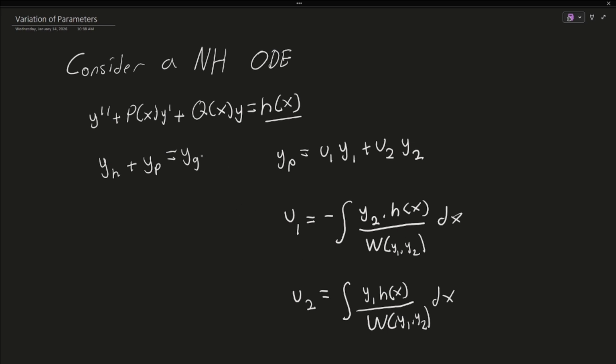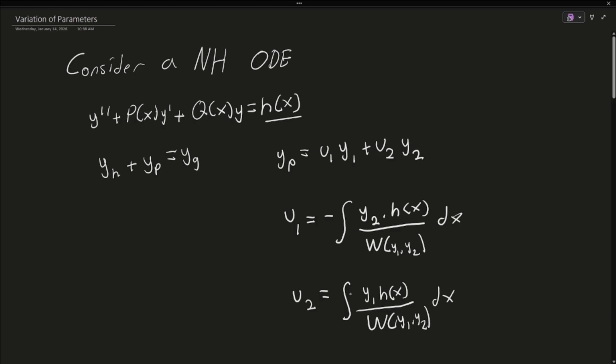Our particular solution will be u1 y1 plus u2 y2, where u1 and u2 are different functions. u1 is the negative integral of y2 times h of x divided by the Wronskian of y1 and y2, dx, and taking that integral gives us u1. Likewise, we have the u2 integral.